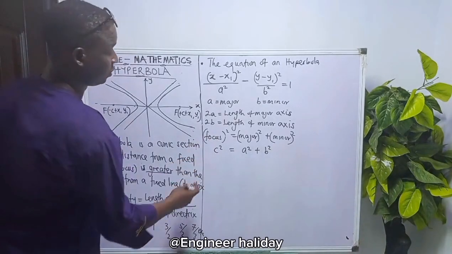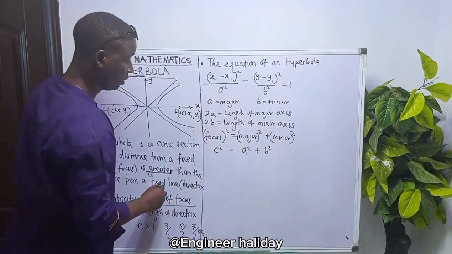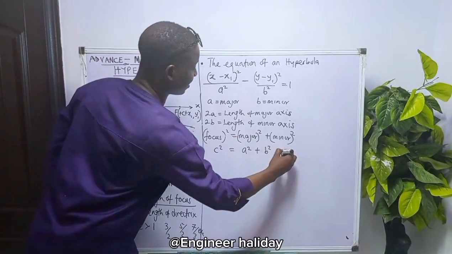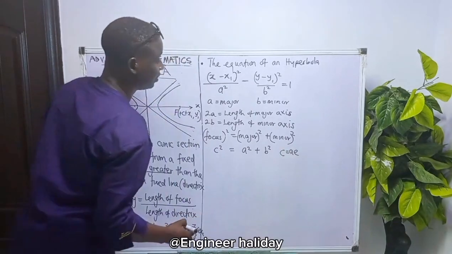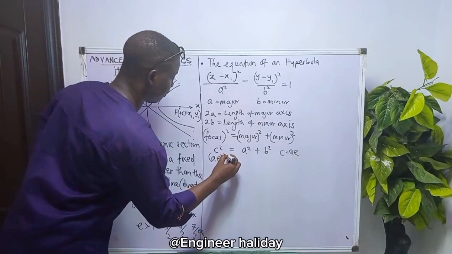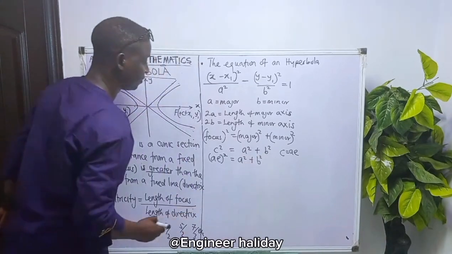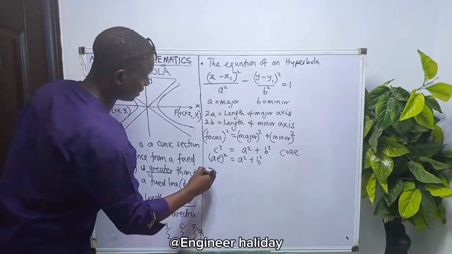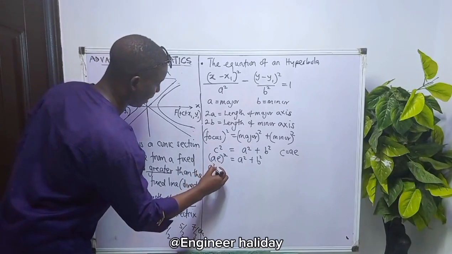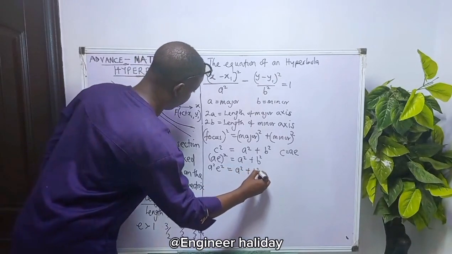So that is the major, the minor, and the focus. Now, we know similarly that c is equal to ae. Therefore, (ae) all square is equal to a square plus b square. So we are going to have a square e square equal to a square plus b square.